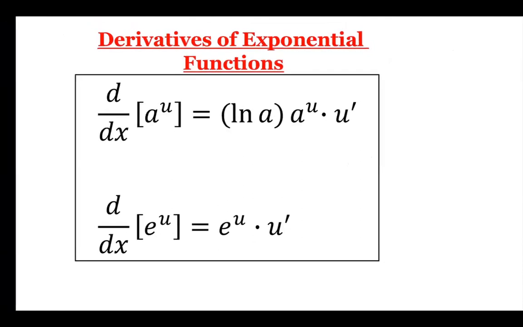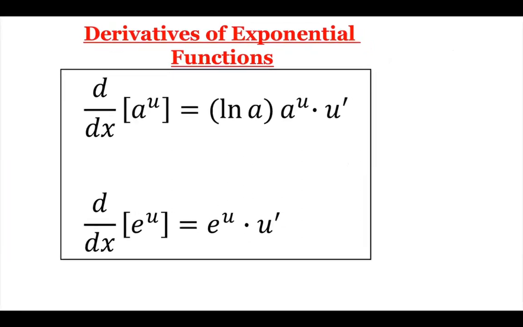Okay, so here are these. We're gonna have two different types. The first one is some number to a power, just like we saw, 3 to the x power. First thing we got to do, natural log of whatever the base is, times itself, times the derivative of whatever the power was. Okay. This one's even easier. E to the u.